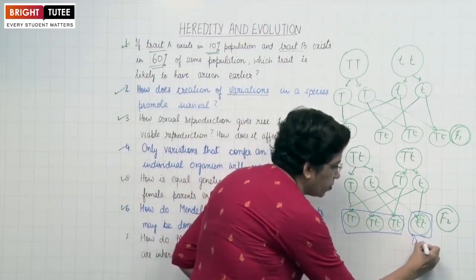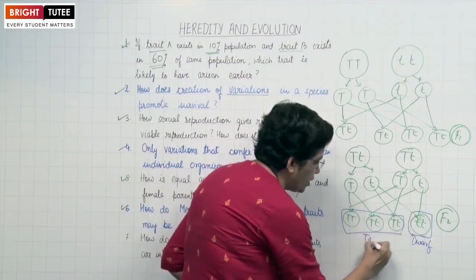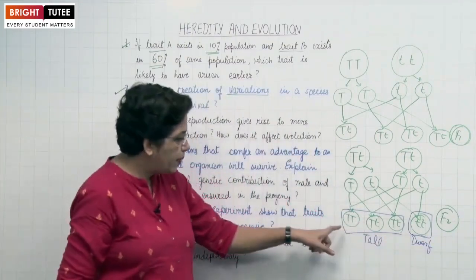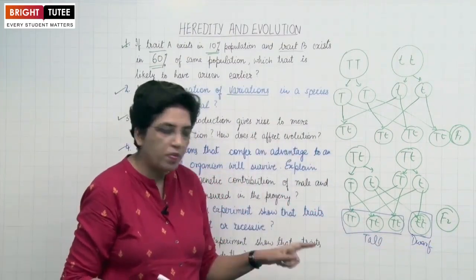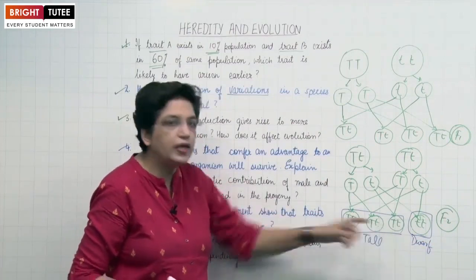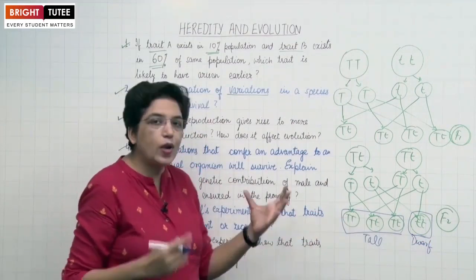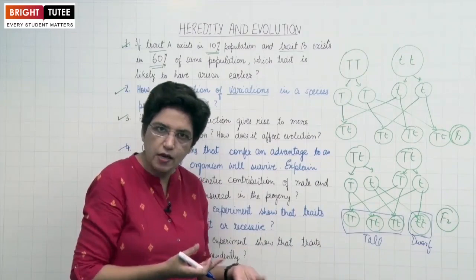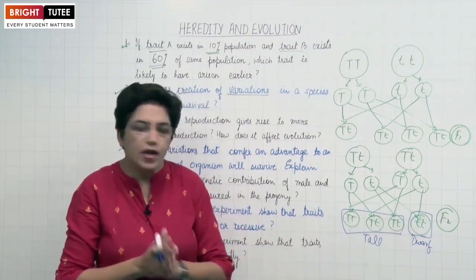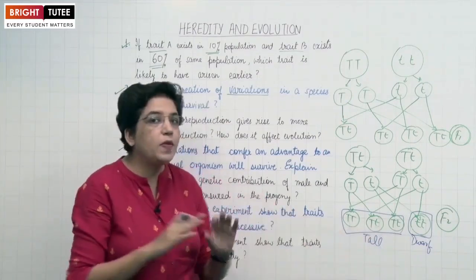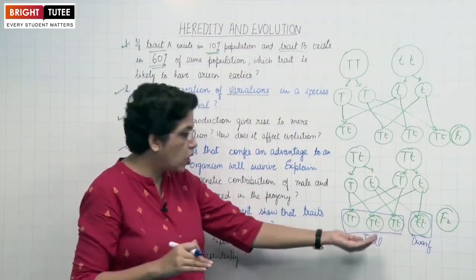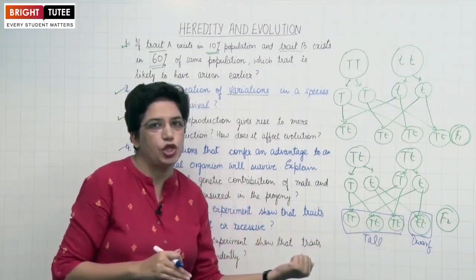All these three plants will be tall because capital T is the dominant gene. Capital T is present in all three of them, so it is able to express itself. So these plants are tall. The small t will not be able to express itself because of the presence of the dominant gene.